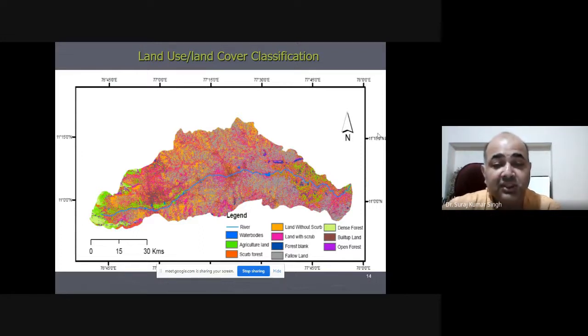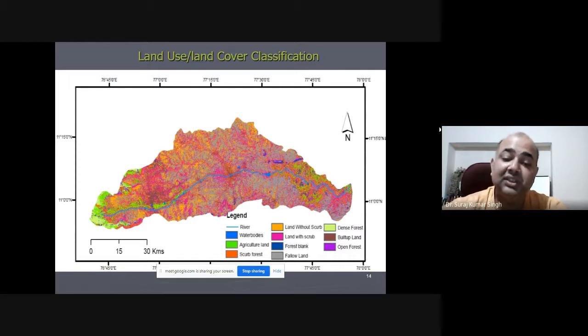Using the satellite images, using various techniques, either visual interpretation or digital, we classify each and every parcel of land according to the land use category it belongs to. You can see which areas are under water body, agricultural land, scrub forest, land with dense scrub, land with scrub, forested area, dense forested area, built-up area, open forest.